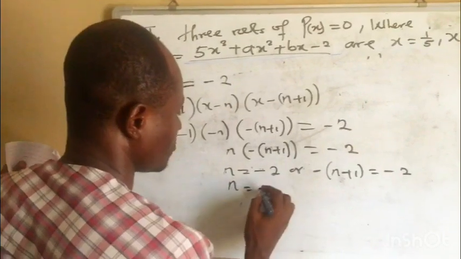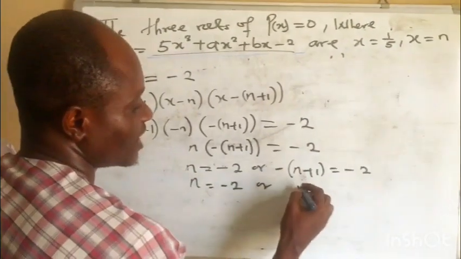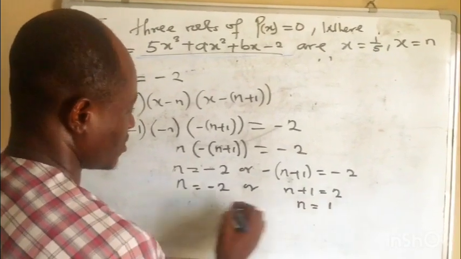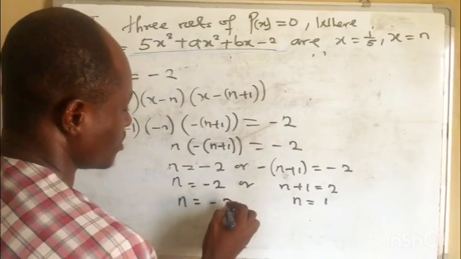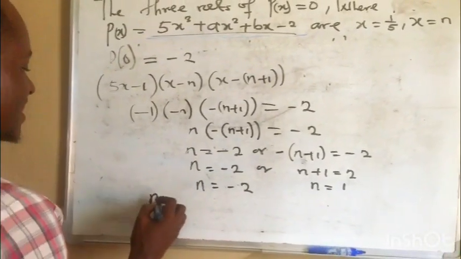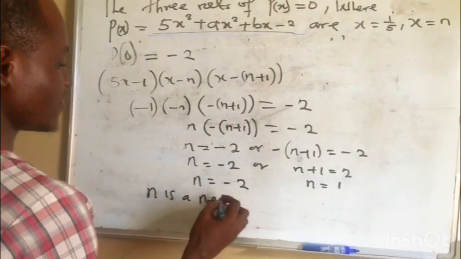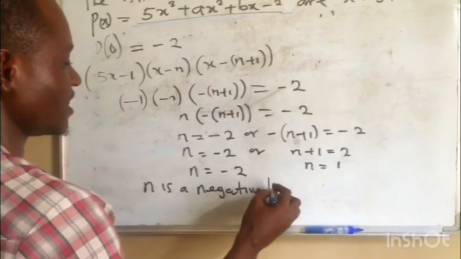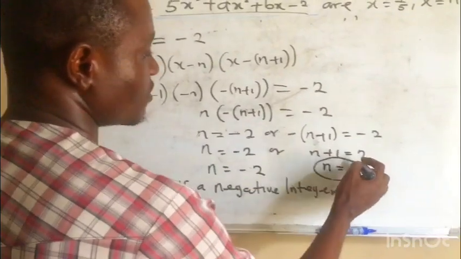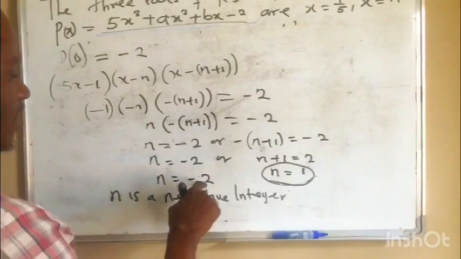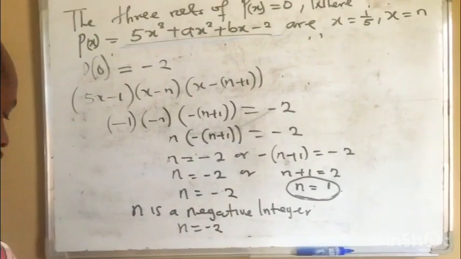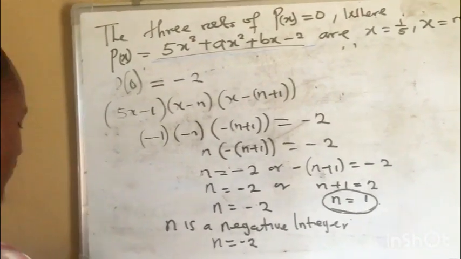So n will be minus 2, or n plus 1 equals 2. From here n will be 1, and here n equals minus 2. But from our question, we have been told that n is a negative integer. So we disregard this because it is a positive integer. We now go with this. That means our n equals minus 2, because it's a negative integer.